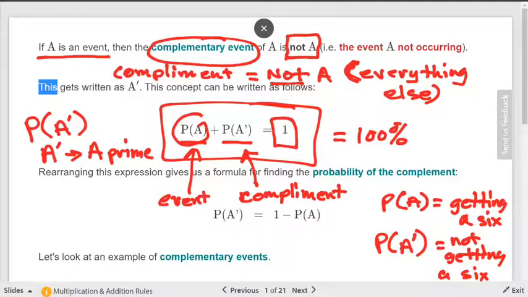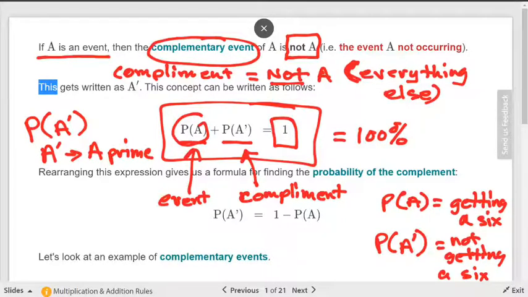Right? So the event means getting what you want. A prime would mean not getting what you want. Okay? Because if you roll a die, are you always going to get a 6? Nope. You might get something else. You're more than likely going to get something else, right? So, those are the complement of them.